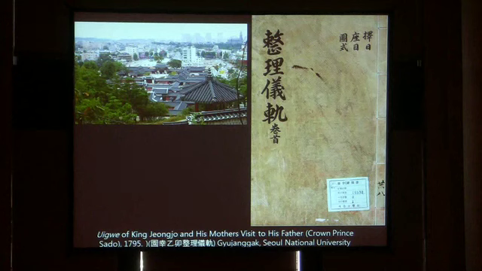And this is the rebuilt palace in Hwasong, where his father's tomb was. So he built this place called Haengung. Haengung means palace for a king on his way to some place else.